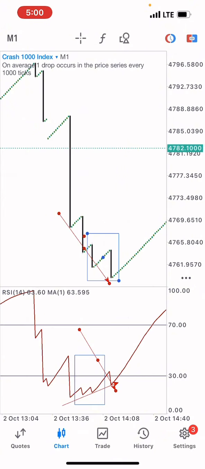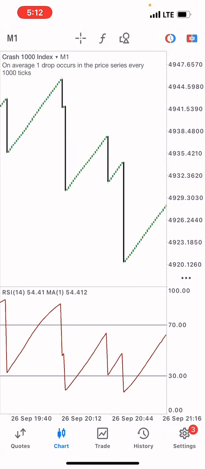Now for the Crash 1000 index market, we are looking for buying opportunities. It works entirely opposite for the Boom 1000 index market. I'll try to show you how it works for the Boom 1000 index market.